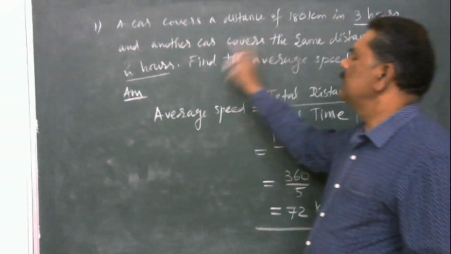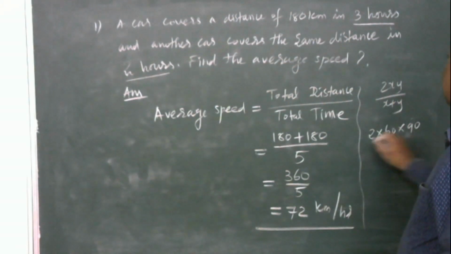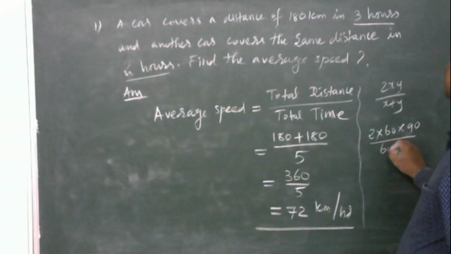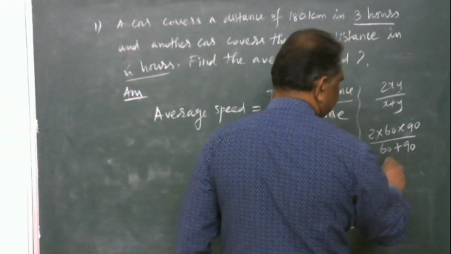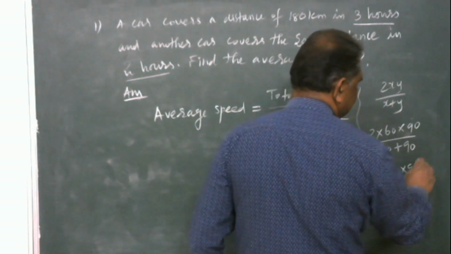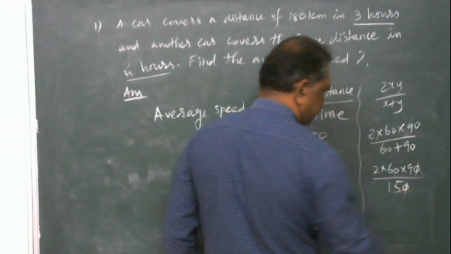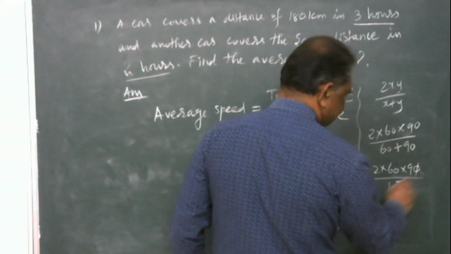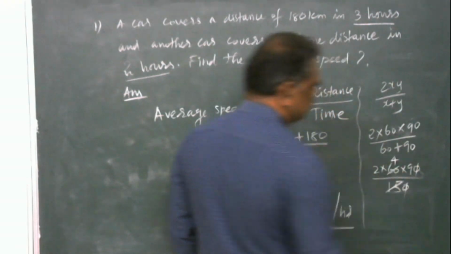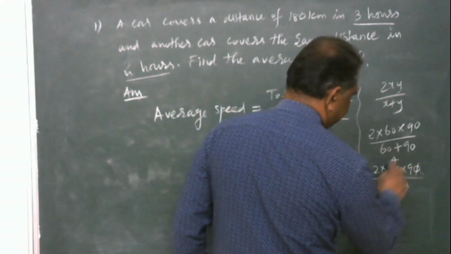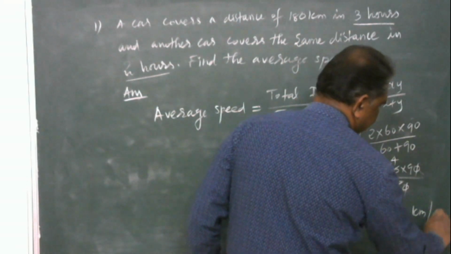The second car covers 180 km in 2 hours, so in 1 hour 90 km. So 2 into 60 into 90 divided by 60 plus 90, which is 150. Cancel the zeros, cancel the fives: 1 five is 5, 4 fives are 60. So 2 fours are 8, 8 nines are 72 km per hour.